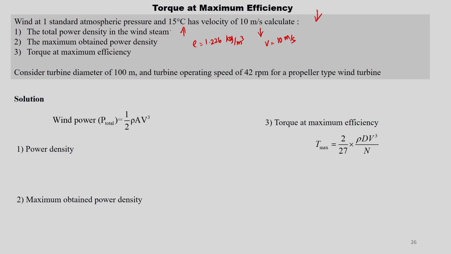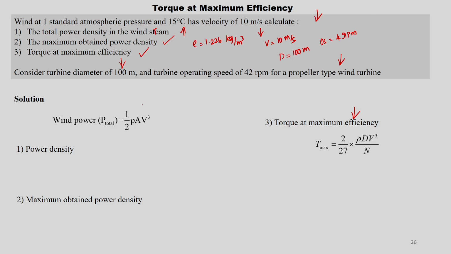We are supposed to calculate the total power density in the wind stream, the maximum obtained power density, and the torque at maximum efficiency, considering a turbine diameter D of 100 meter and a turbine operating speed of 42 RPM, revolutions per minute, for a propeller type wind turbine. Before calculating the torque at maximum efficiency, there are two things we are told to calculate: the total power density in the wind stream as well as the maximum obtained power density.